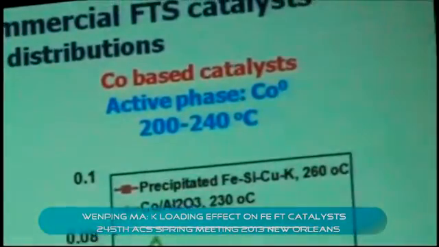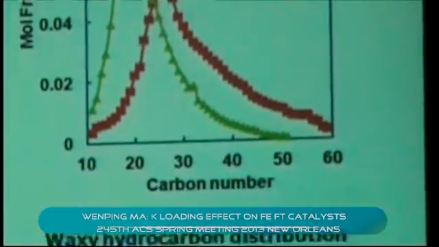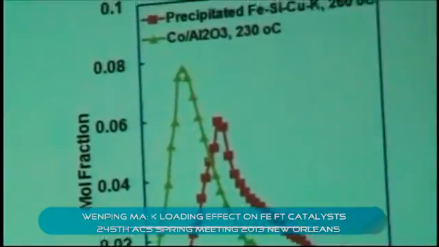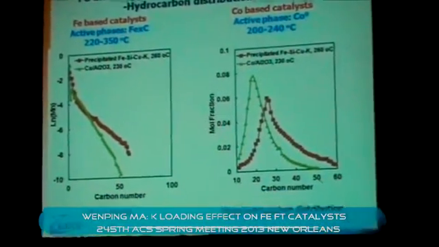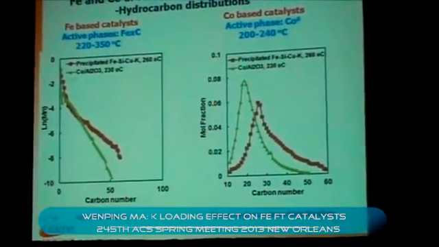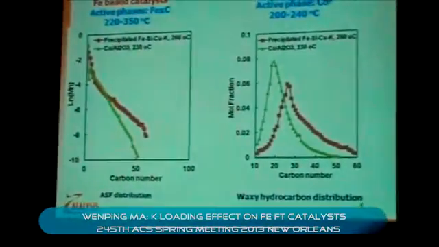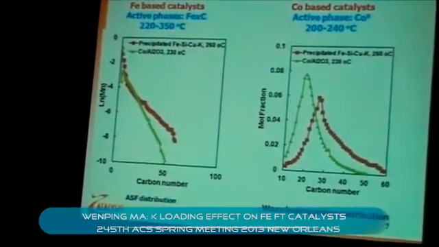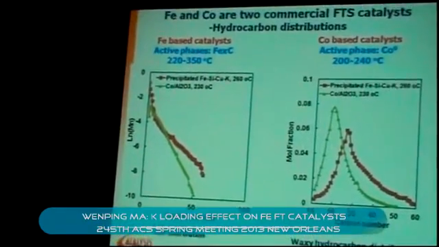For example, the iron catalyst usually runs at a higher but wider temperature range, for example, 222 up to 350 C. But the cobalt catalyst usually runs at a low temperature, below 240 C. Also, if you look at the pictures here, the hydrocarbon distributions on iron and cobalt catalysts show some difference.